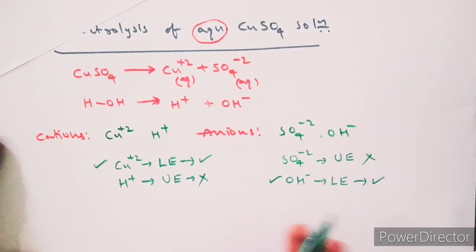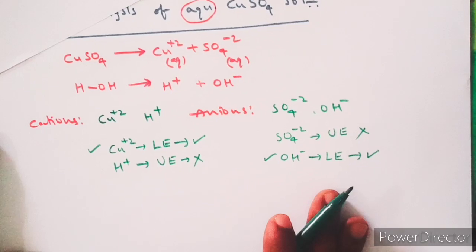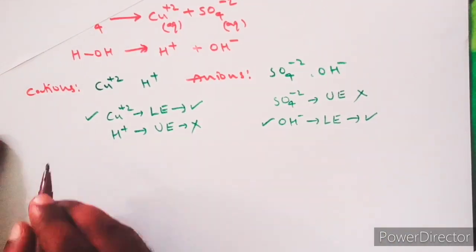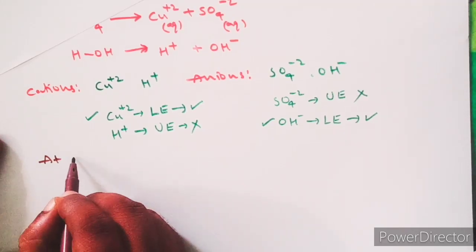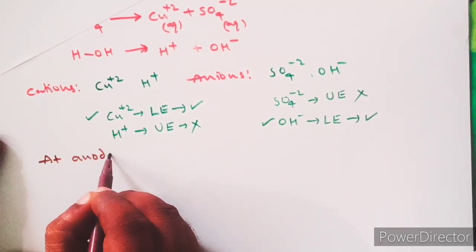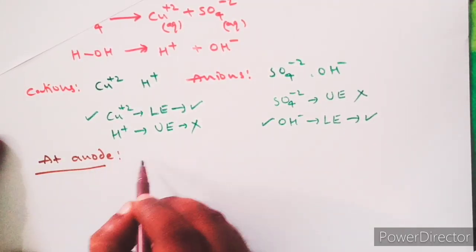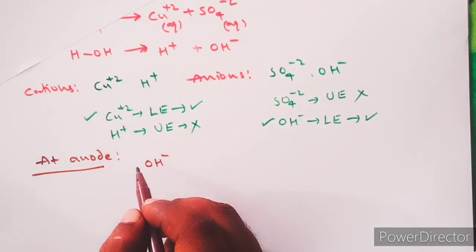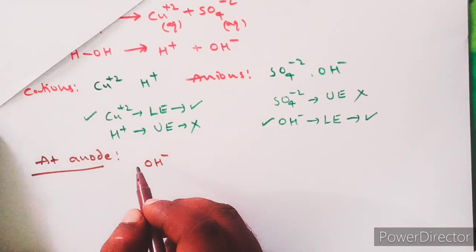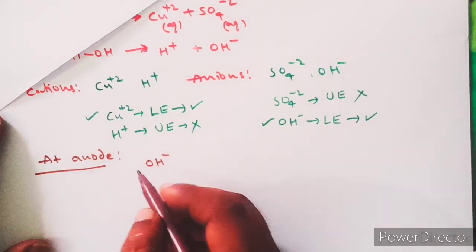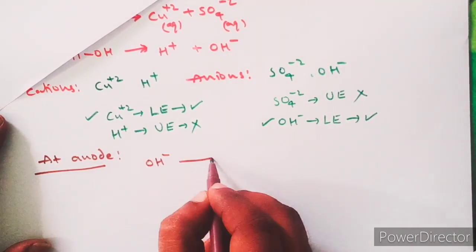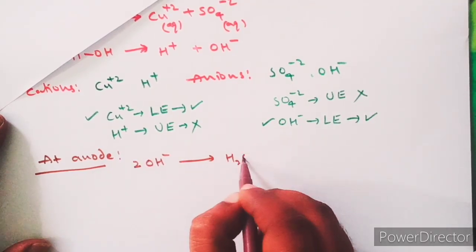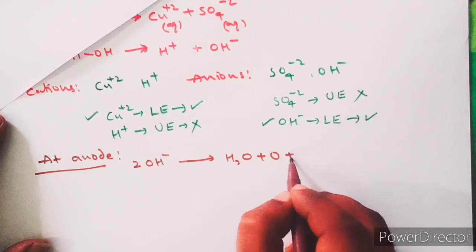Now let us write those reactions. At the anode electrode, the hydroxide ions will migrate towards the anode. Here 2 moles of hydroxide form H2O plus nascent oxygen plus 2 electrons.